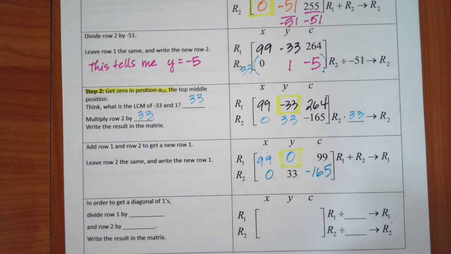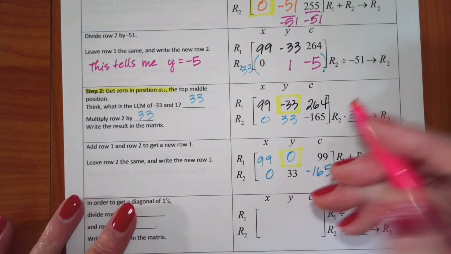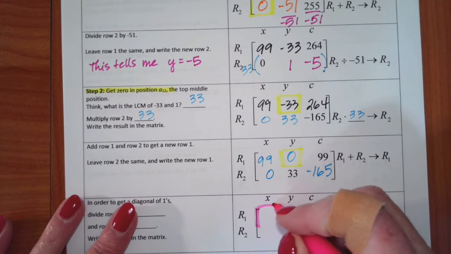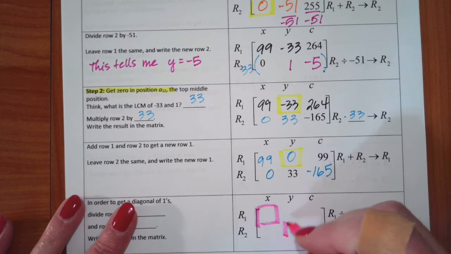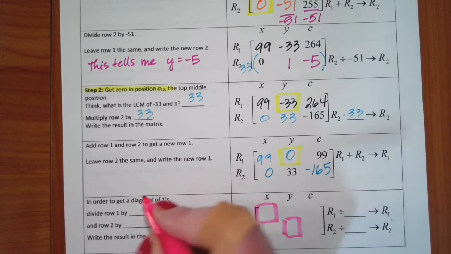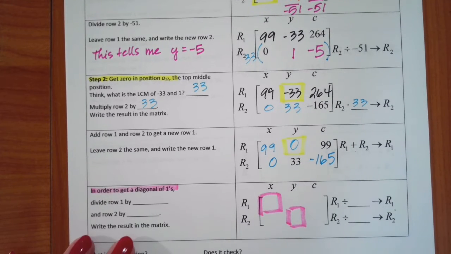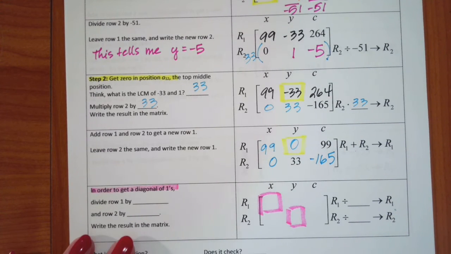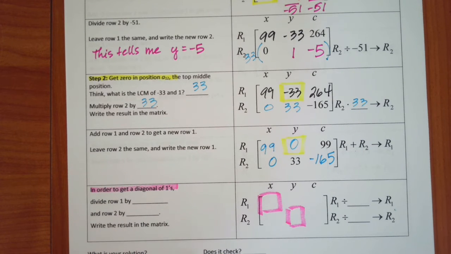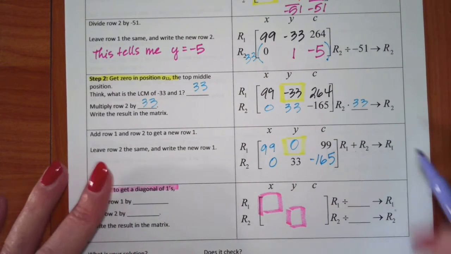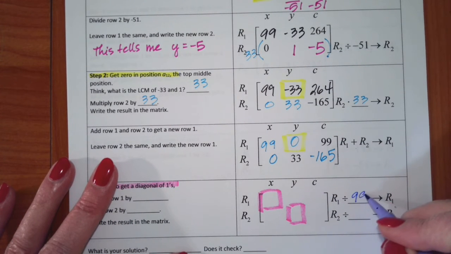Now my next step is I want this and this to be 1s. Get a diagonal of 1s. Well, that's pretty simple. I can take row 1 and divide it by 99.